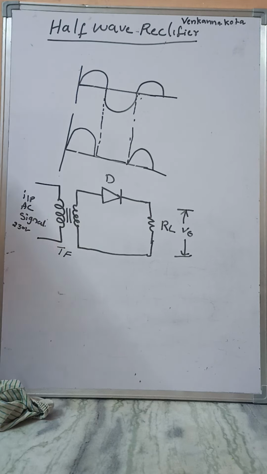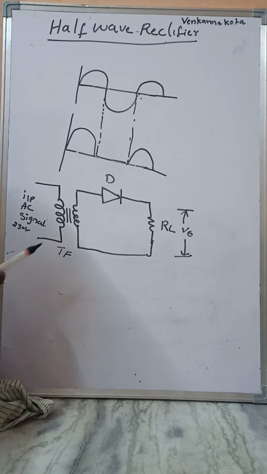This is the symbol of a transformer. There are two types: step down and step up. A step down transformer converts high voltage into low voltage, and a step up transformer converts low voltage into high voltage.